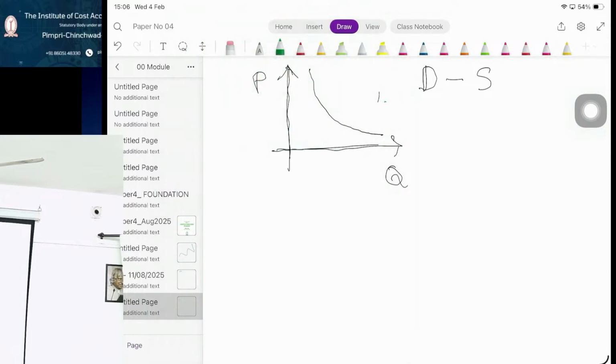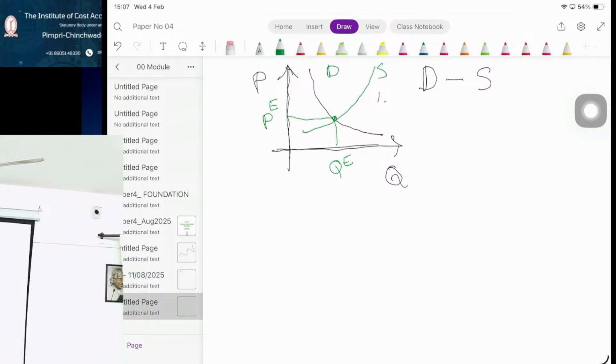And also one more thing we studied: wherever demand is equal to supply, that determines the equilibrium price and equilibrium quantity. Any doubts, difficulties with this? Have you all got this?